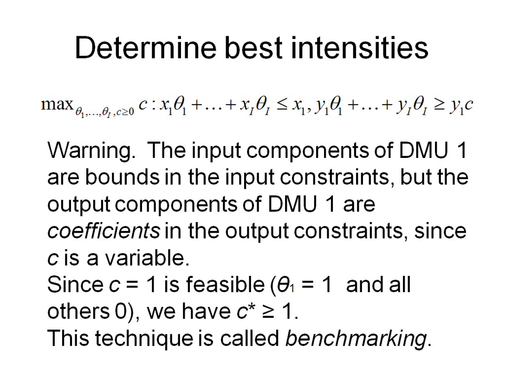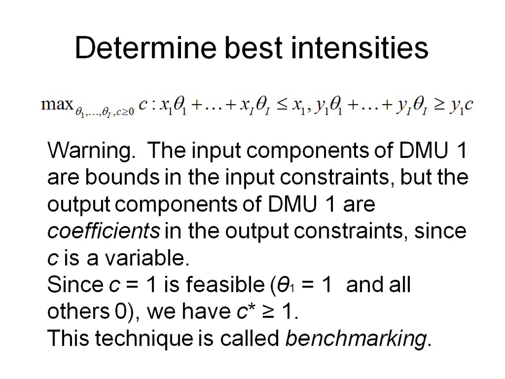And that can be no more than the available input of firm 1, because we're going to compute how much more firm 1 could produce. If we're doing this, the hypothetical output would be y1 theta 1 plus ... y capital I theta capital I.